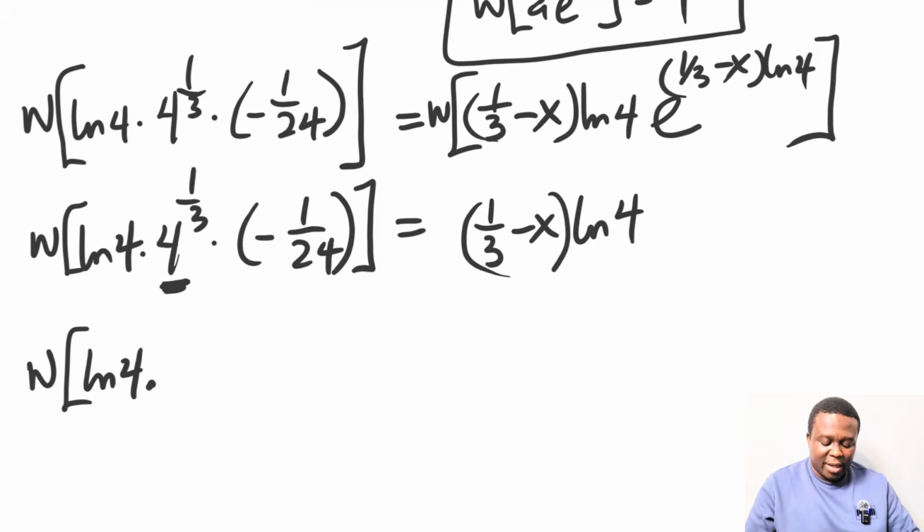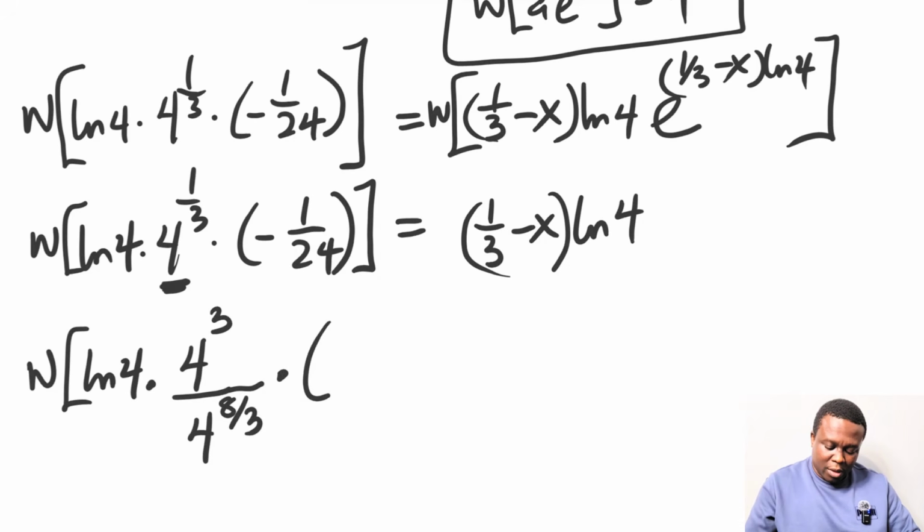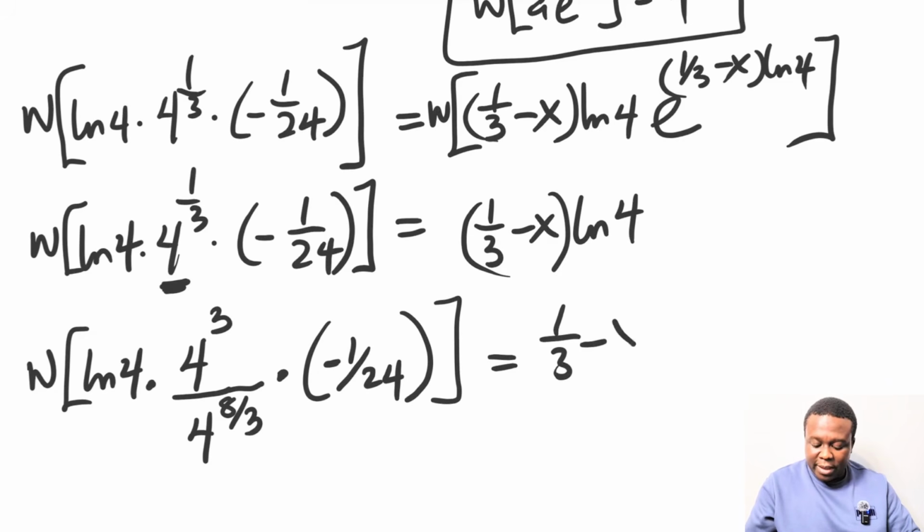We can rewrite that as 4 raised to the power 3 divided by 4 raised to the power 8 over 3, okay, minus 1 over 24. And that's equal to (1 over 3 minus x) ln of 4.